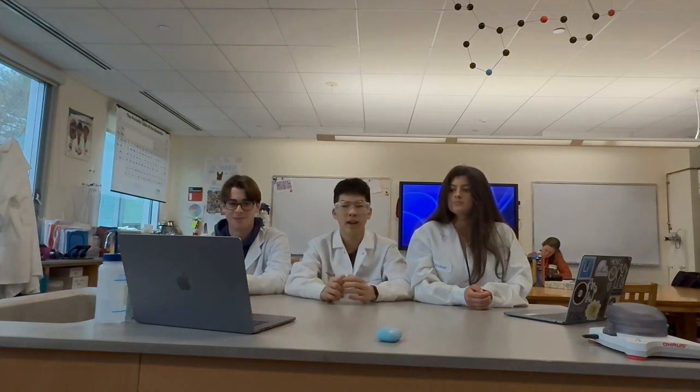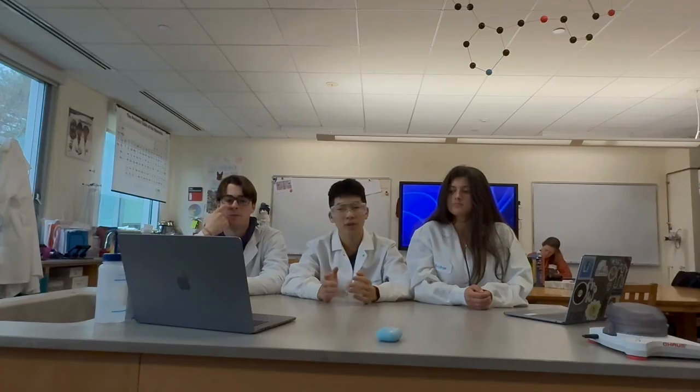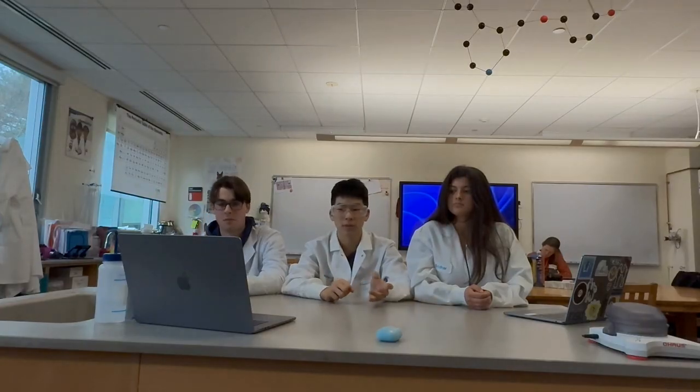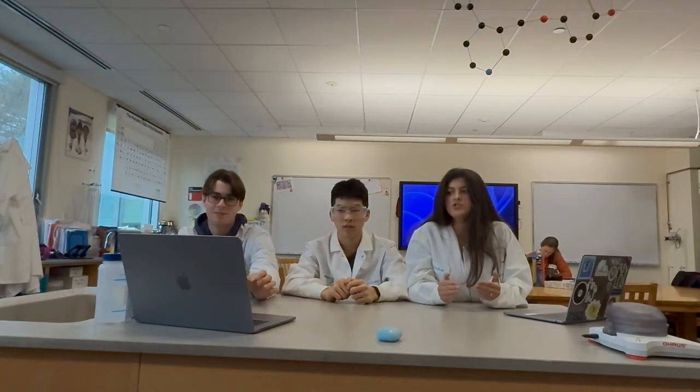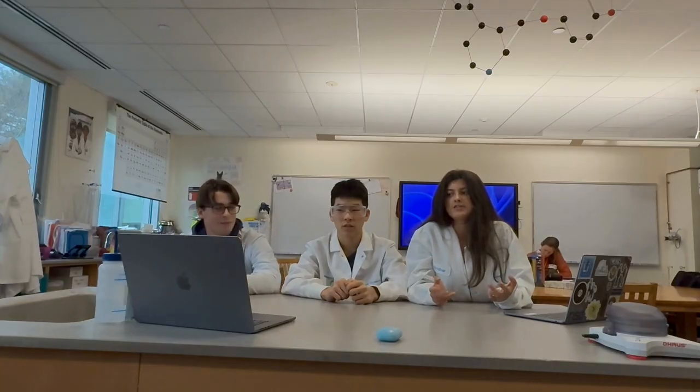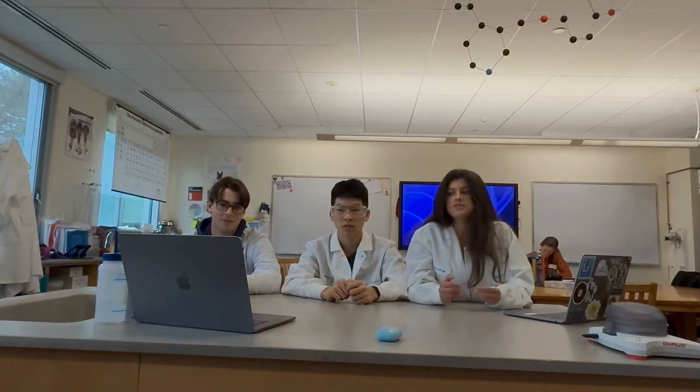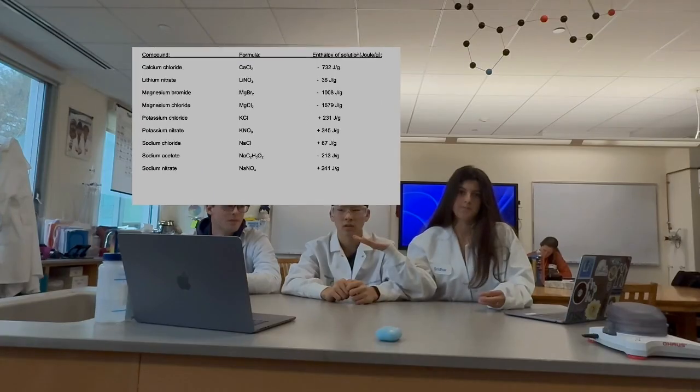We can calculate the enthalpy of heat by finding its average enthalpy of solution through calorimetry, which is the substance dissolved in water. We can compare that to other enthalpies and come to a conclusion about what the substance is using this chart.